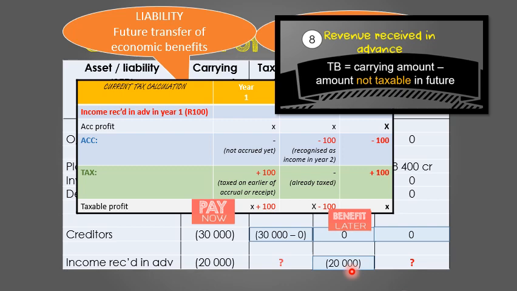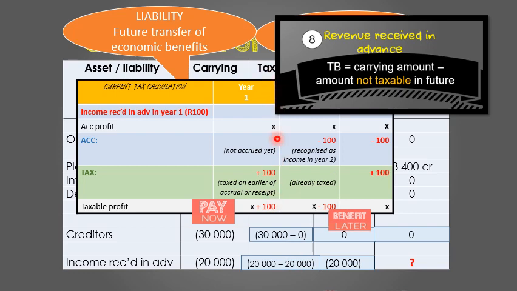If we now apply the formula that they give us in paragraph 8, which says that the tax base should be the carrying amount less any amount not taxable in future, you will see that we do get to this deductible temporary difference. Our tax base will be the 20,000 carrying amount less amounts that will not be taxable in future.